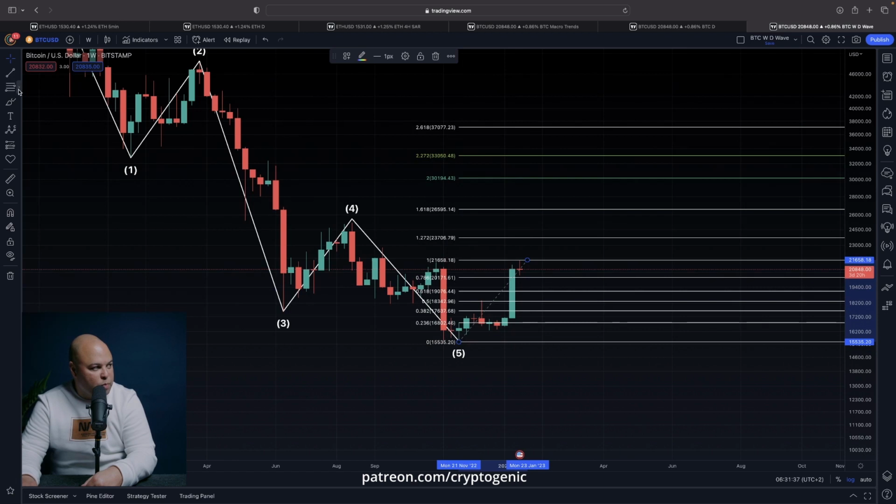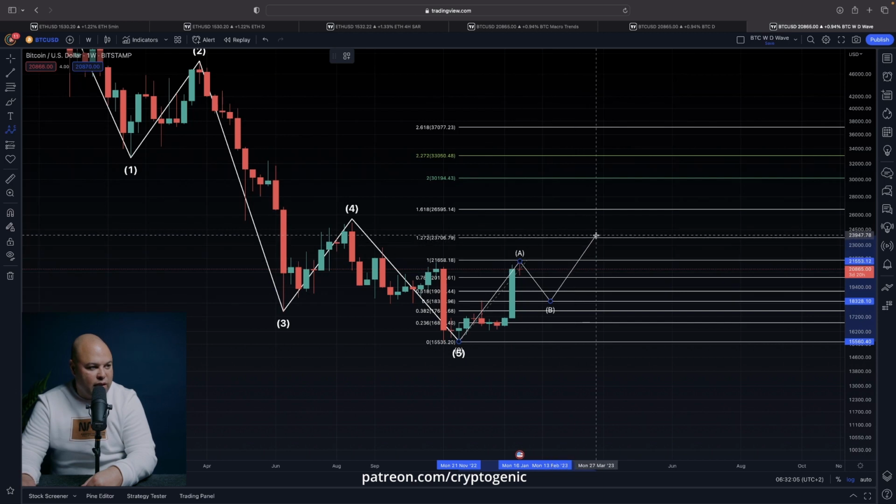And then what we would expect, taking this ABC correction tool, is to move A, and then B is going to be either a 0.618 or a 0.5 retracement level. Somewhere in there, it'll either be 0.618, 0.5, or as low as 0.382. I'm just going to choose the 0.5, not knowing which one.